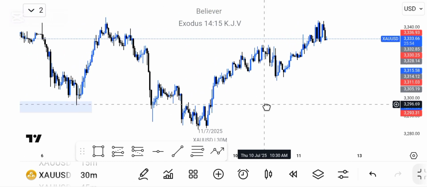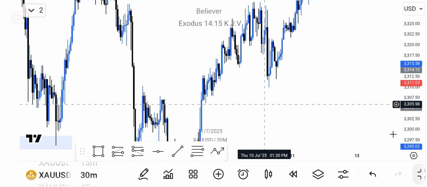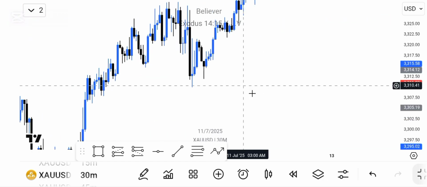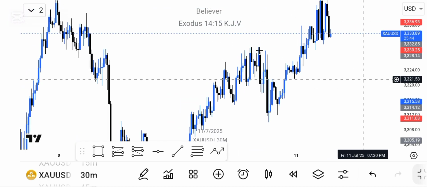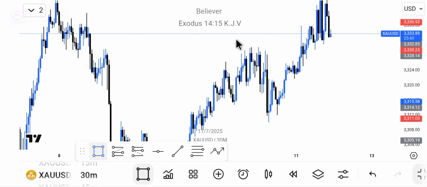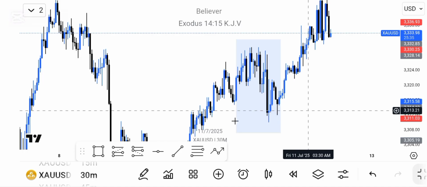So that same structure now is what I want to see on the chart. Remember, first I want to see price coming down. So this is an uptrend, but first I want to see price come down. At this point, look at this area. This area now. Observe what price did here.